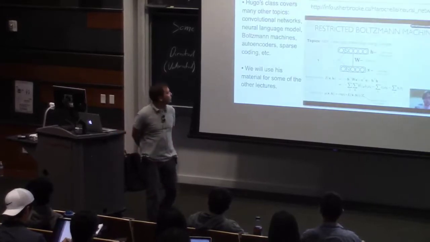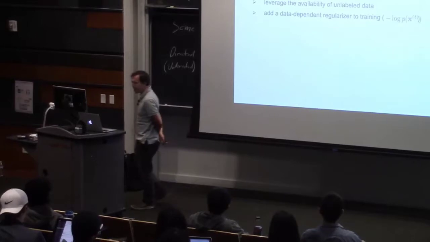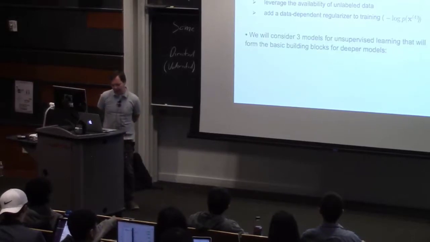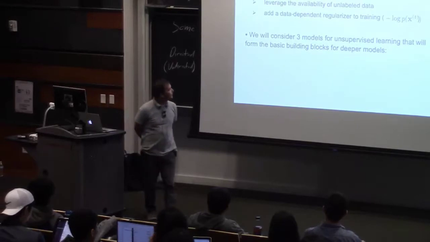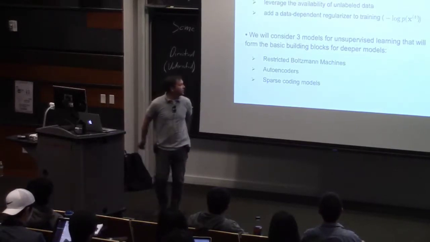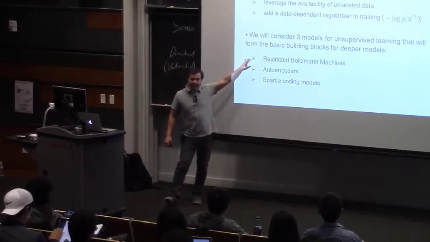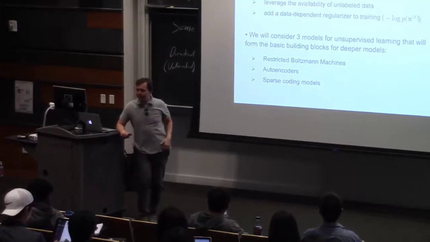Okay, so today, last time we started looking at unsupervised learning. We've considered restricted Boltzmann machines, we've considered autoencoders, and today we're going to look at sparse coding.